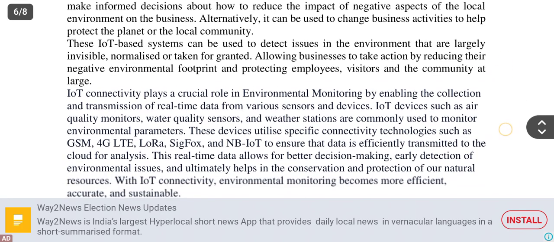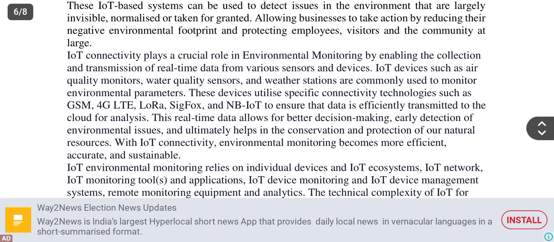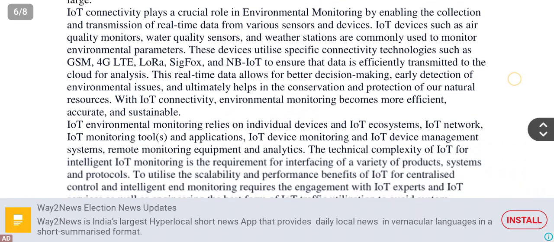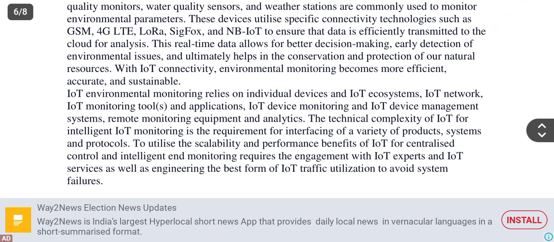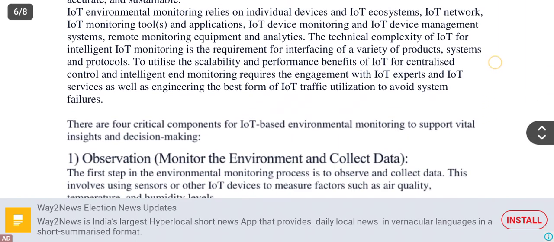IoT connectivity plays a crucial role in environmental monitoring by enabling the collection and transmission of real-time data from various sensors and devices. IoT environmental monitoring relies on individual devices and the IoT ecosystem: the IoT network, IoT monitoring tools and applications, IoT device monitoring and device management systems, remote monitoring equipment, and analysis.